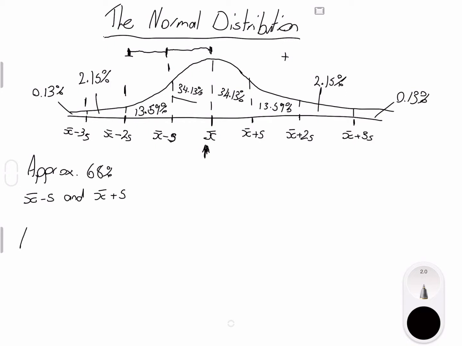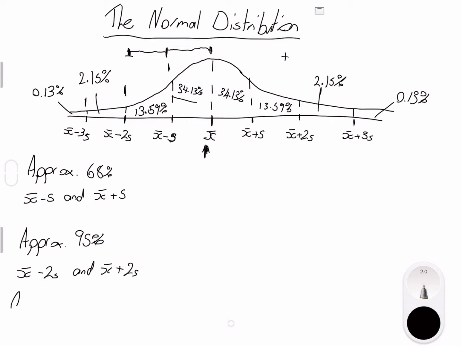Approximately 95% is between two standard deviations of the mean, either side of it. So the mean take two standard deviations and the mean plus two standard deviations.